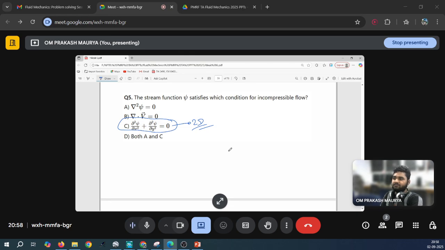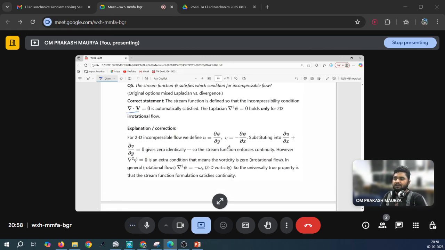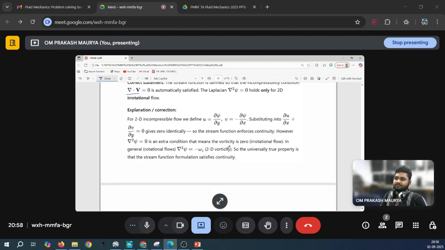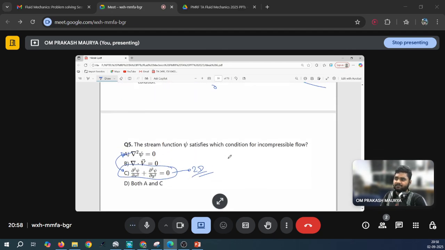Yes, you can write this one. So I think these two are the same. Options A and C are both correct.